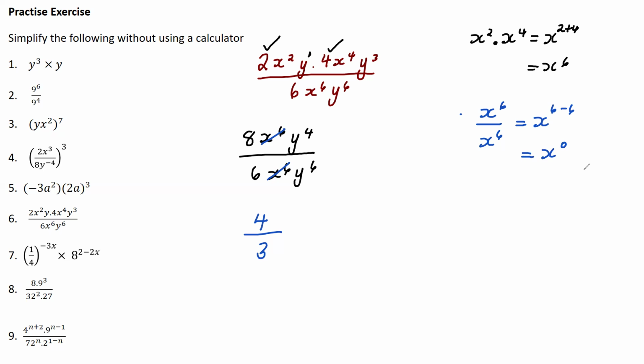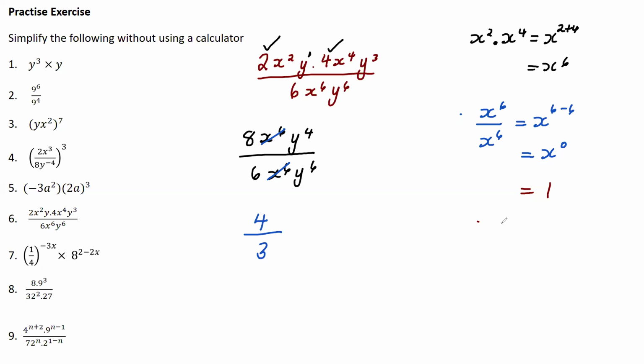The rule says anything to the power of 0 is 1. So x to the power 6 over x to the power 6, they cancel each other out. And now you're left with y to the power of 4 and then y to the power of 6. So the top power always subtracts the bottom power.